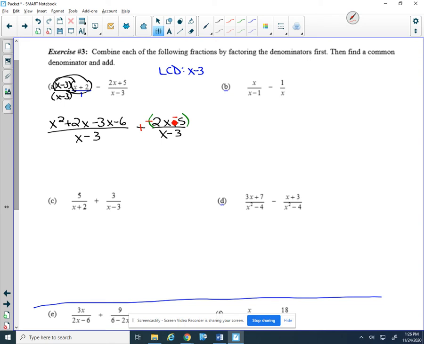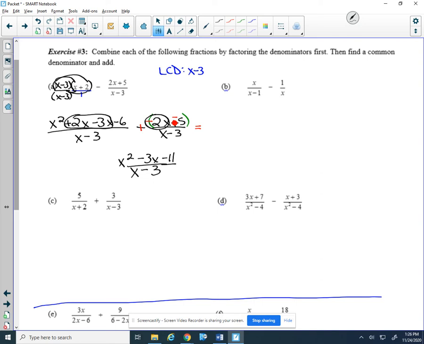I'm just going to combine all my like terms at the same time since I already have my LCD. So the whole thing is over x minus 3, and here I have an x squared. 2x minus 3x minus 2x is negative 3x. And then negative 6 minus 5 is negative 11.